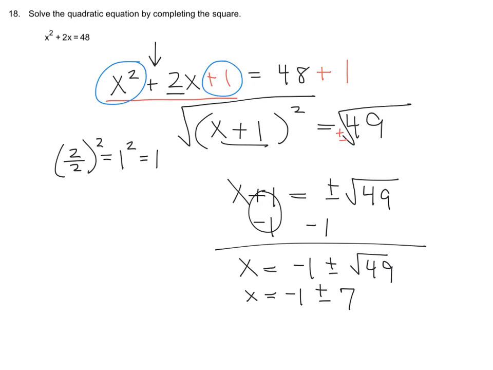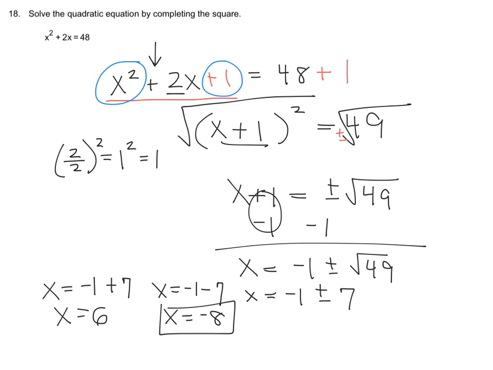So I'm going to write this as x equals negative 1 plus 7 and x equals negative 1 minus 7. So x equaling negative 1 plus 7 is 6, and then negative 1 minus 7 is a negative 8. So my solutions are x equals negative 8 and x equals 6.